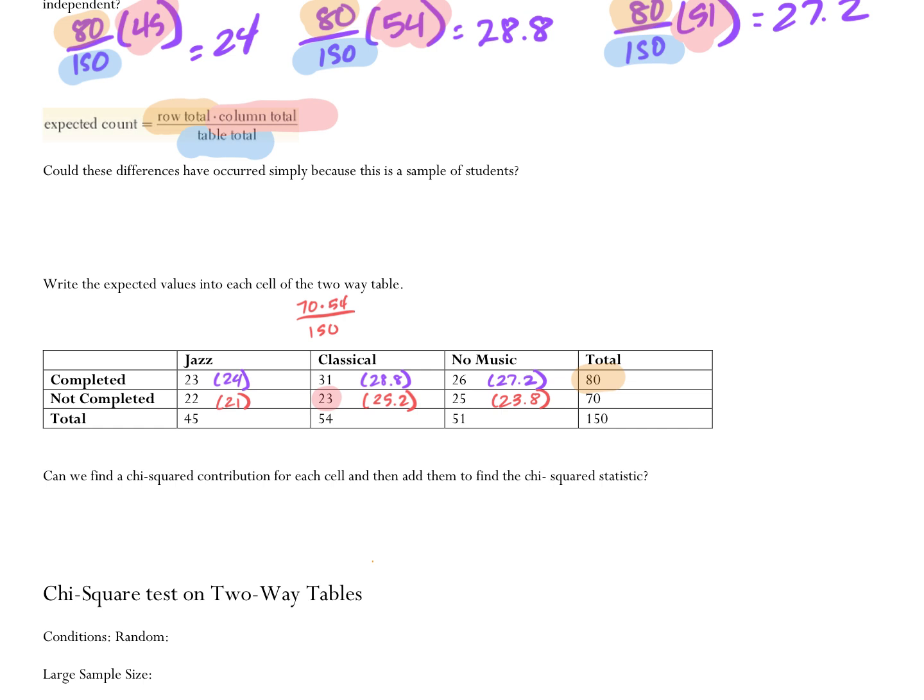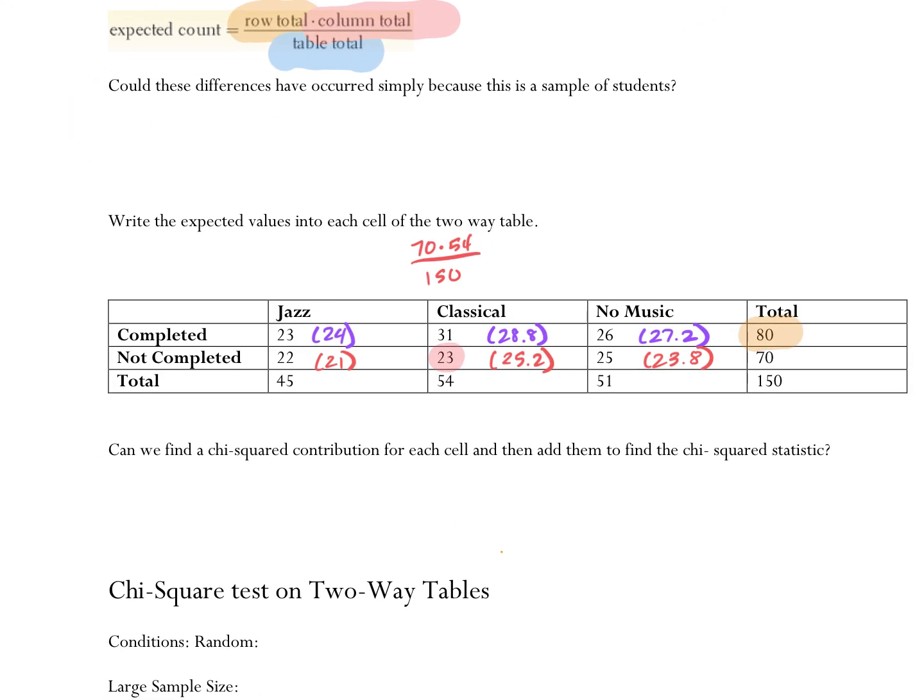But don't worry, you're never going to calculate these by hand anyway. Now, let's look at those real quick. As we look at these, you guys, do we see major differences between what actually happened versus what we expected to happen?